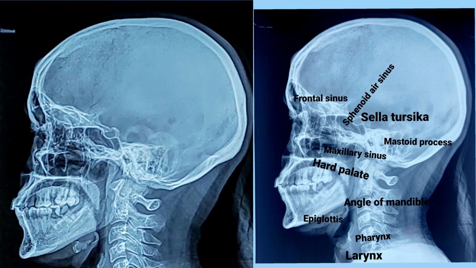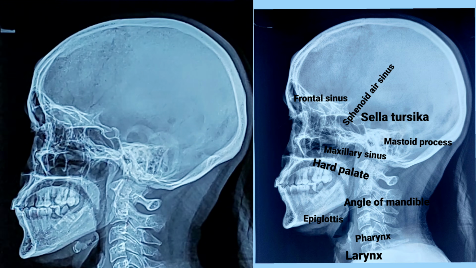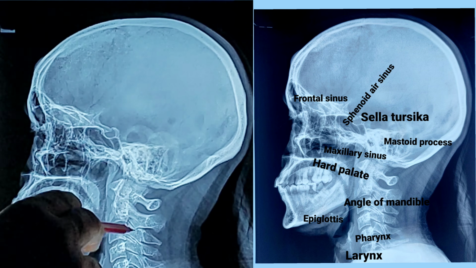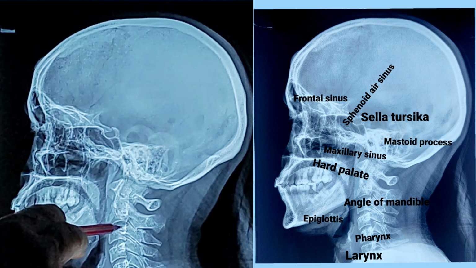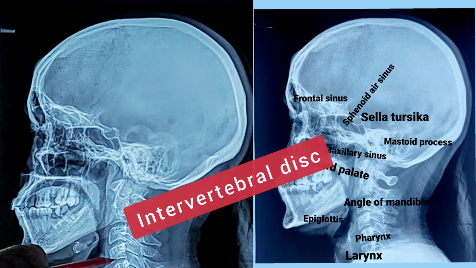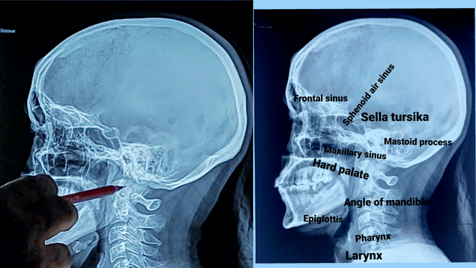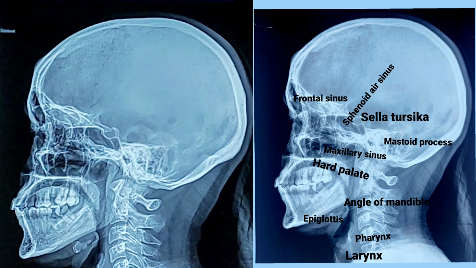Among the radio-opaque areas, first of all, I told you the sagittal suture. I also told you the different cervical vertebrae, their bodies and the spines, and between the bodies there are intervertebral discs. And this is the anterior arch of the atlas or first cervical vertebra.